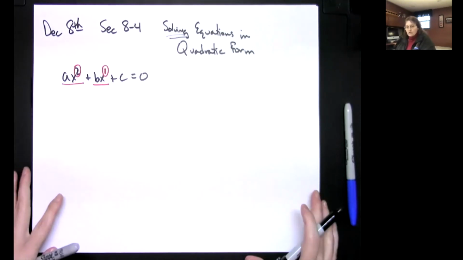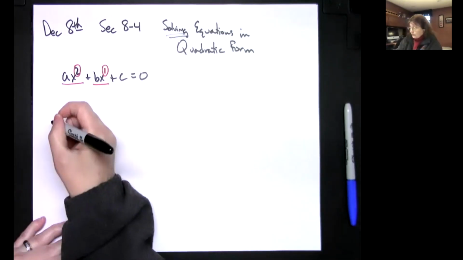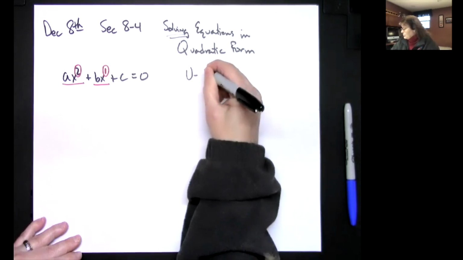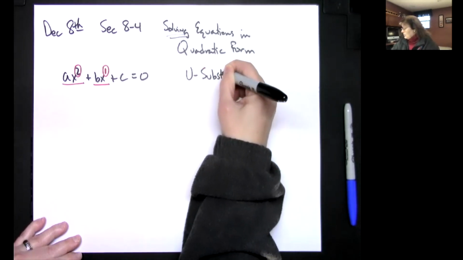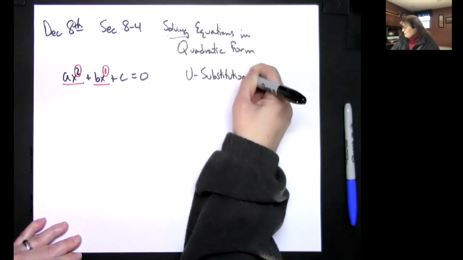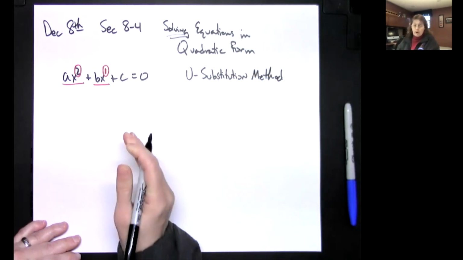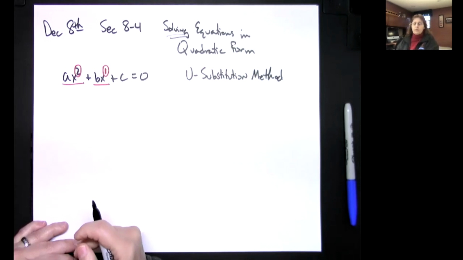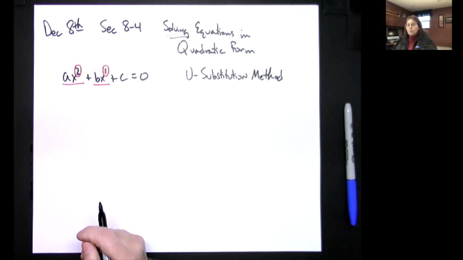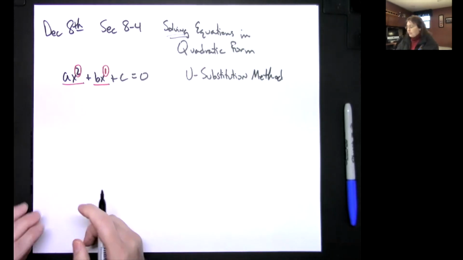So we're just adding one extra step from what we've done earlier in the semester. So we are going to use the u substitution method. Like back then, you might be able to do some of them in your head without the u substitution, but there are going to be others where u substitution is going to be very, very handy.